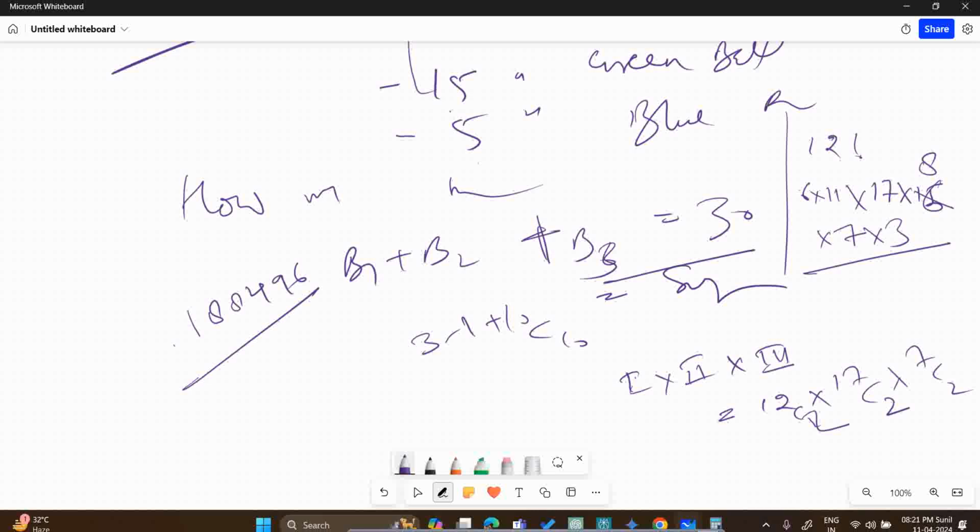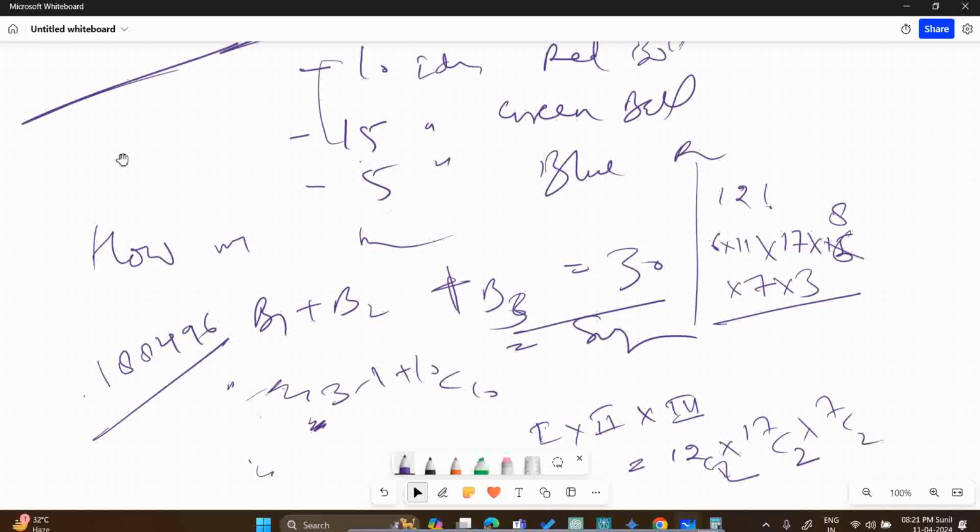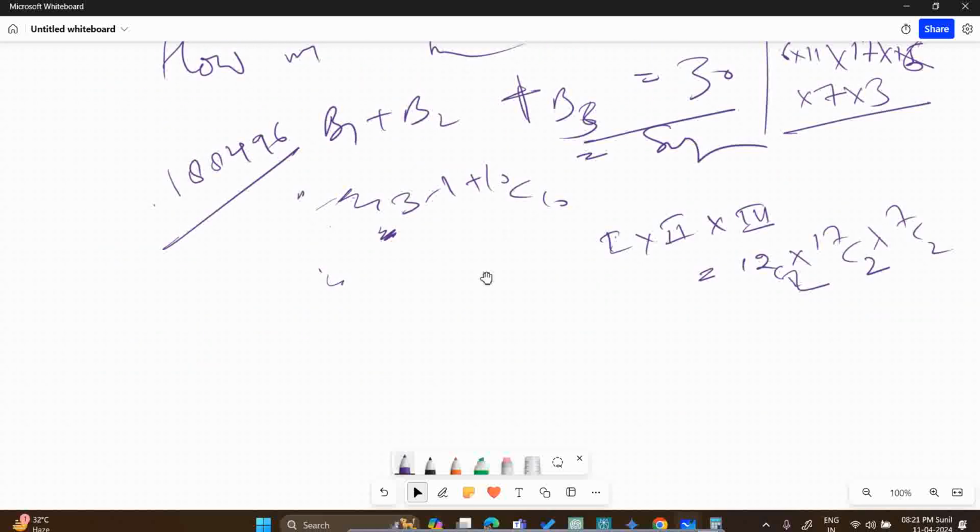So what is the answer for this? 3 and 30 is this, right? So the answer will be like 32C30, which is 32C2, like that.